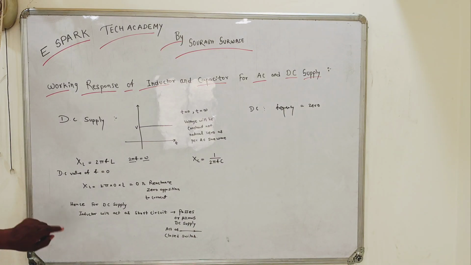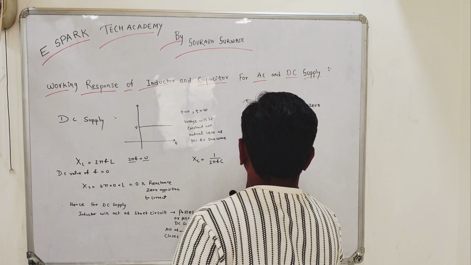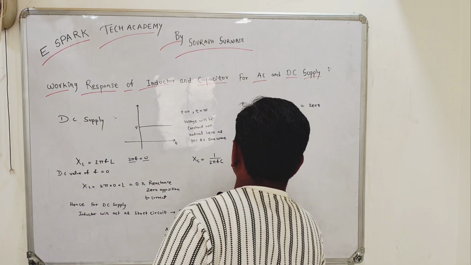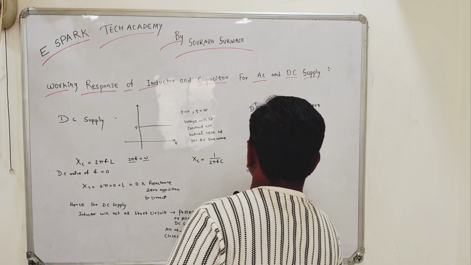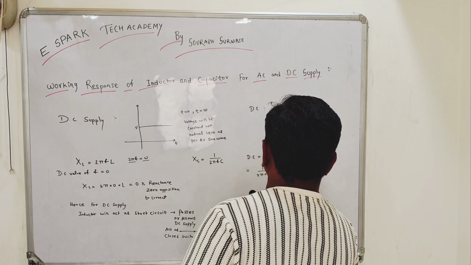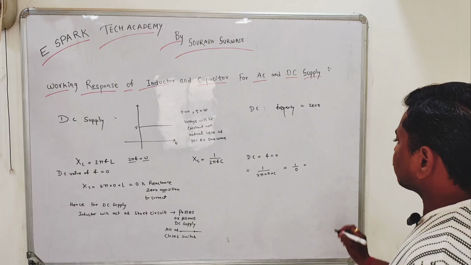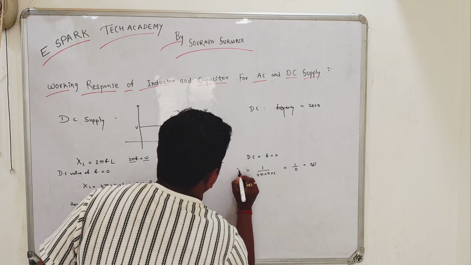In the same case here, for DC, F is equal to 0. Just substituting this in the equation, we will get 1 upon 2 pi into 0 into C, which is nothing but 1 upon 0, it will be infinity, and this is XC.